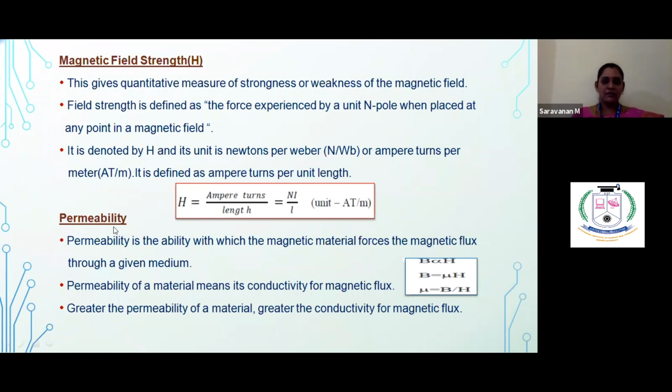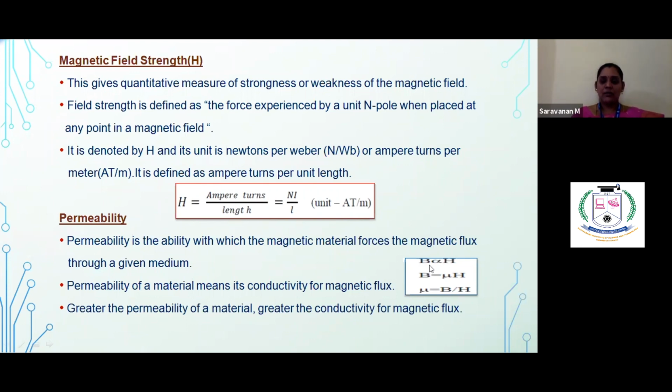Next is your permeability. Permeability is the ability with which the magnetic material forces the magnetic flux through a given medium. The permeability always depends upon the conductivity of the magnetic material in which the magnetic flux is to be set up. So you can say the magnetic flux density B is directly proportional to H, where H is the magnetic field intensity.